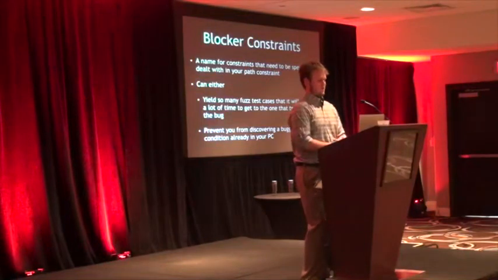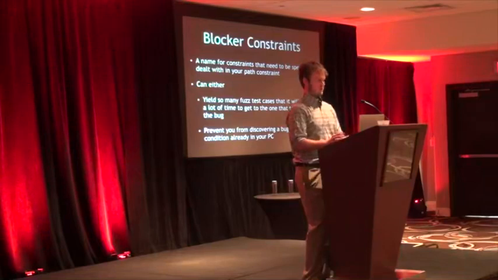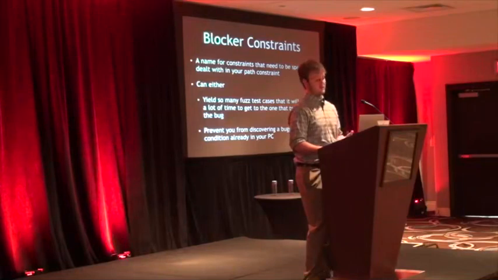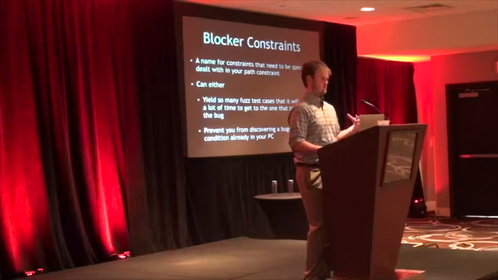They're a name for constraints that you're going to have to deal with inside of your execution engine, so that either you don't generate a bunch of tests that aren't actually going to cause the program any problems, or another thing that blocker constraints can do is prevent you from using a path to a vulnerable code site to actually trigger the bug.